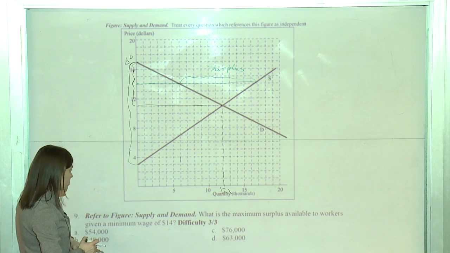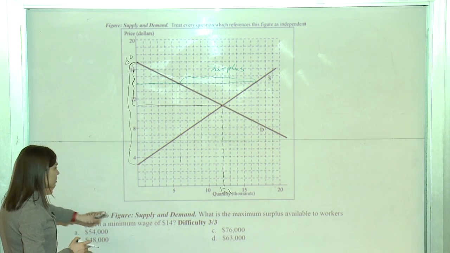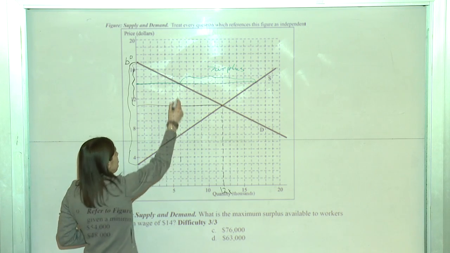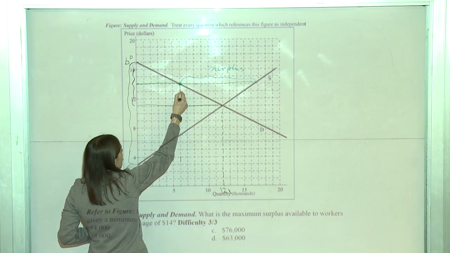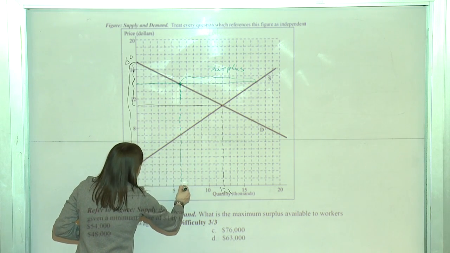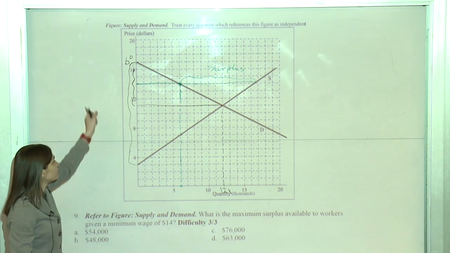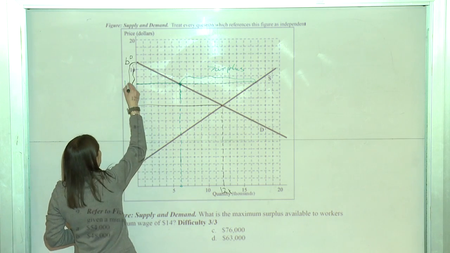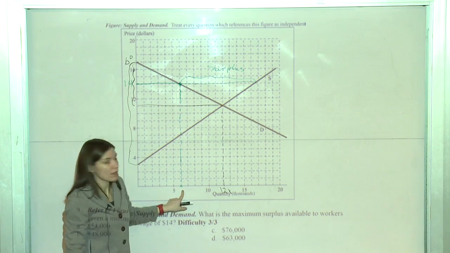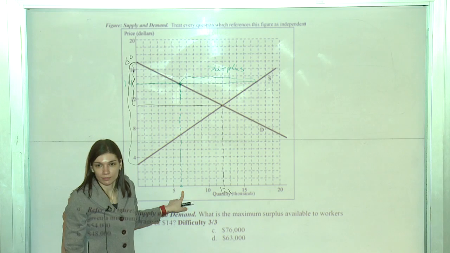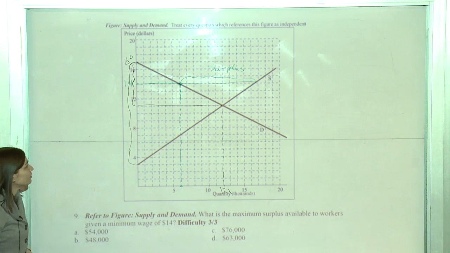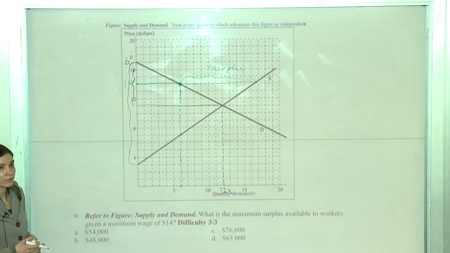Now the question is, what is the surplus available to workers? So what is producer surplus? This is the point at which the market is going to operate, because at this price of 14, the demand for labor is only 6,000 hours, let's say. At that point, what is consumer surplus?